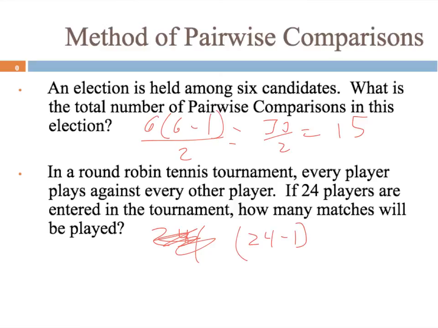So 24 minus 1 times 24. Doesn't matter where I put the 24. I can put it over here. I can put it over here. It doesn't really matter. And that's going to be all over 2. And we'll save you the time. That comes out to be 276, but you're welcome to check that. Okay, we've got 2 more after this.